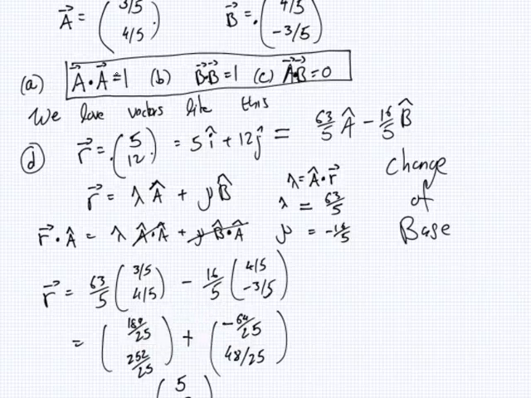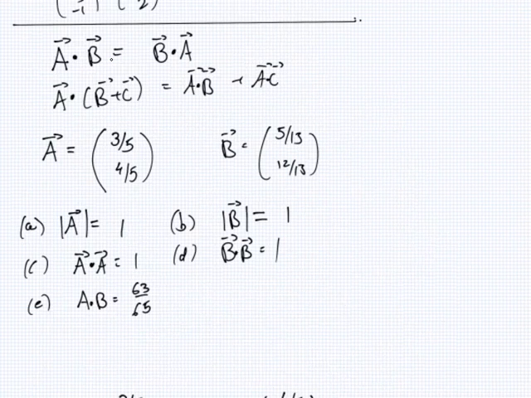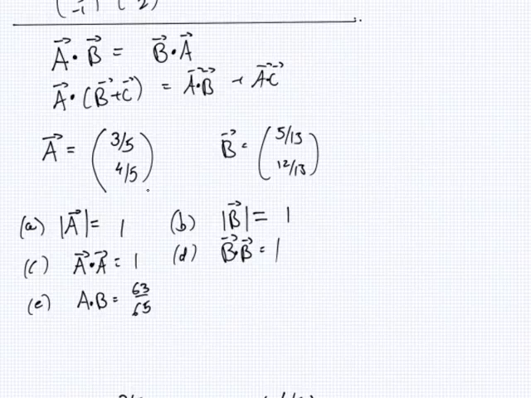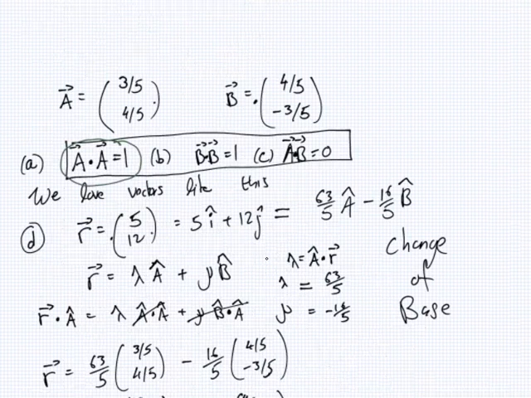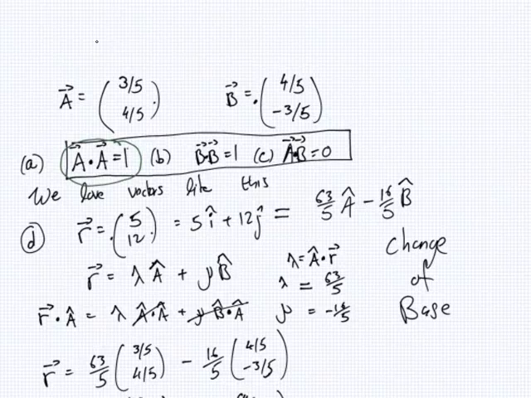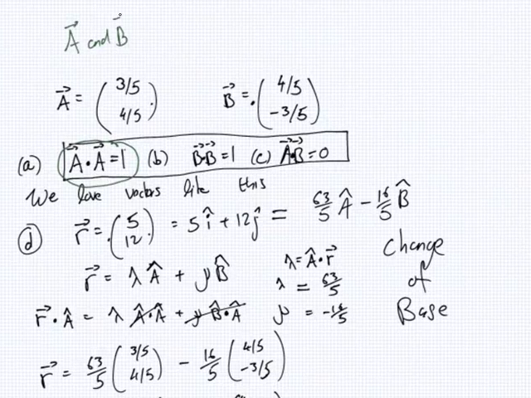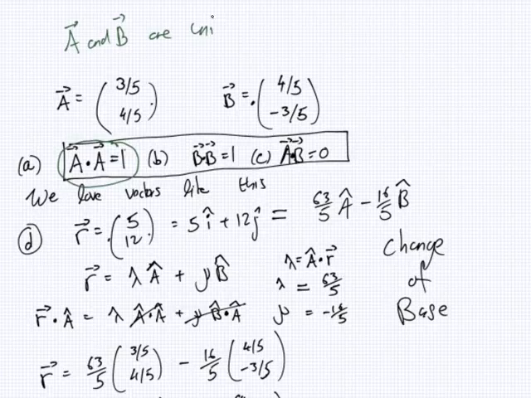If you're wondering what it means to say A dot A equals 1, I hope the previous example could give you a clue at what it means. What do you think it means to say A dot A is 1? Well, it means the same thing as saying its magnitude is 1. If the dot is 1, then it's a unit vector. So here A and B are unit vectors.